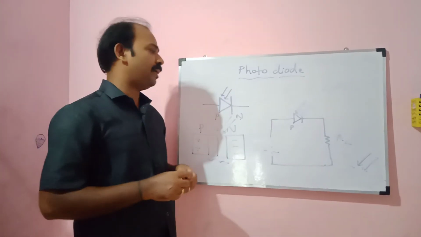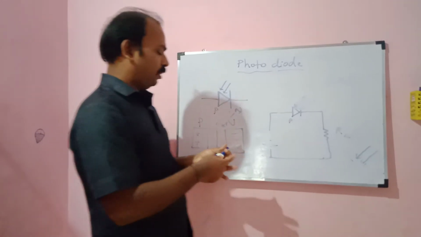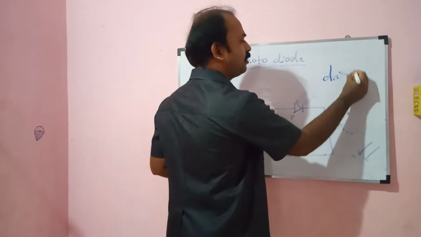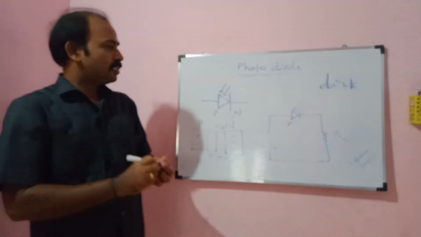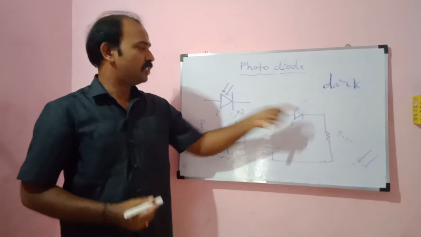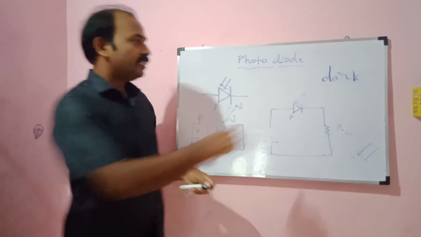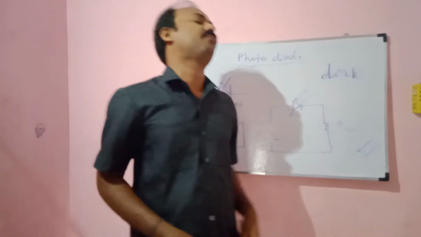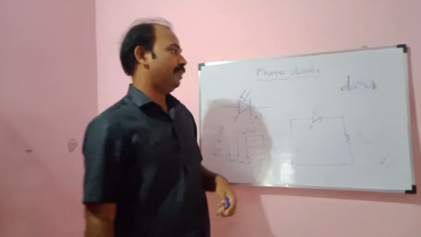Another important point: already told that dark current is in the absence of light falling on this junction. Another point is that dark current is independent of the change in temperature.